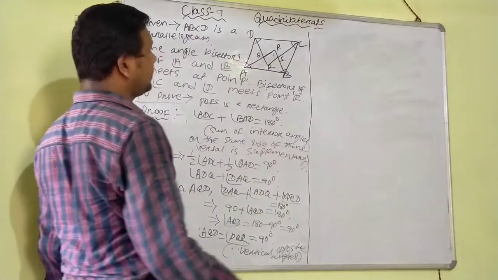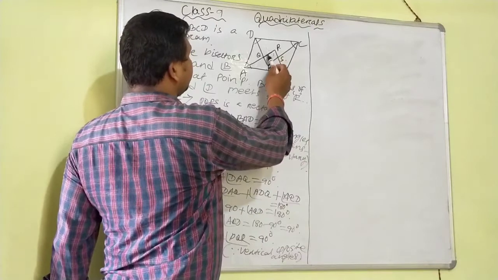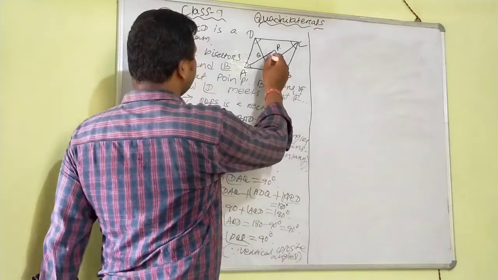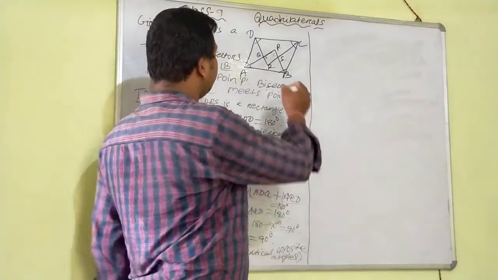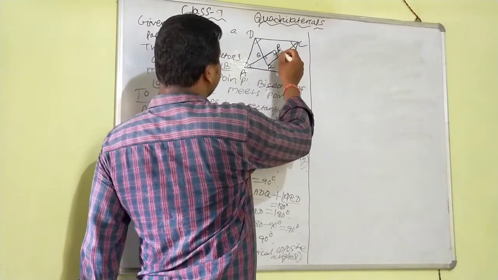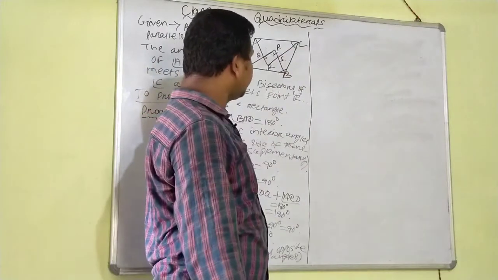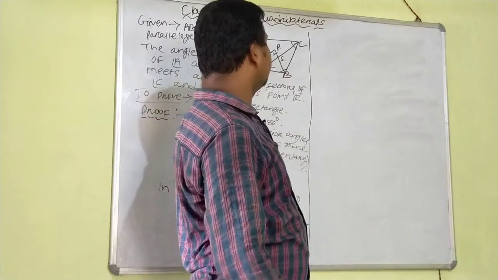Okay, vertical opposite, so we got angle PQR equal to 90 degrees. Similarly, we can prove this angle P is 90, angle S is 90, and angle R is 90 degrees.